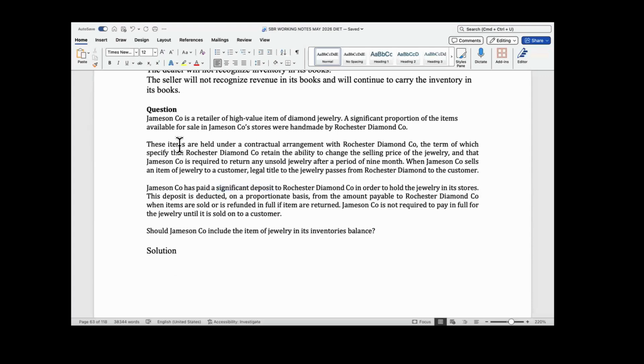So from this paragraph, this paragraph shows us that James Co. cannot recognize the item of jewelry in its inventory balance. Cost, prices are set by the seller.